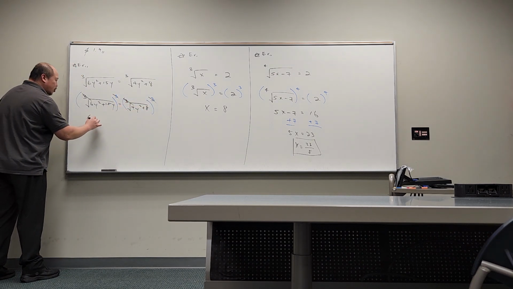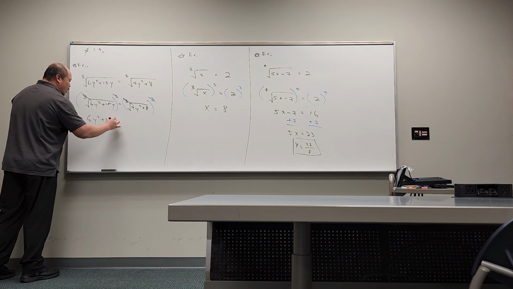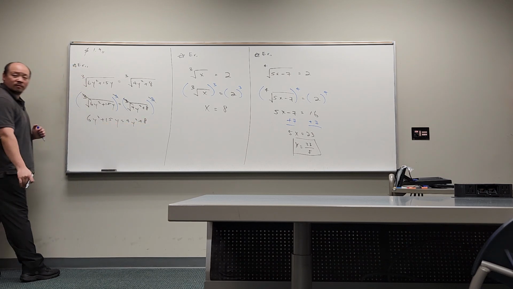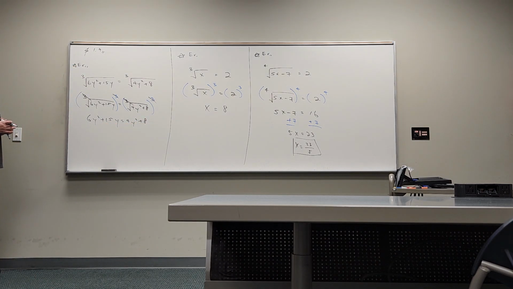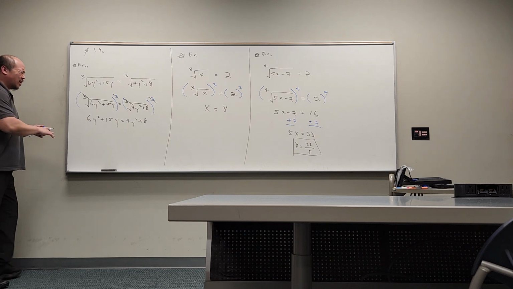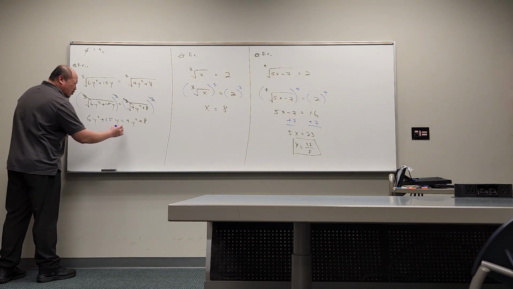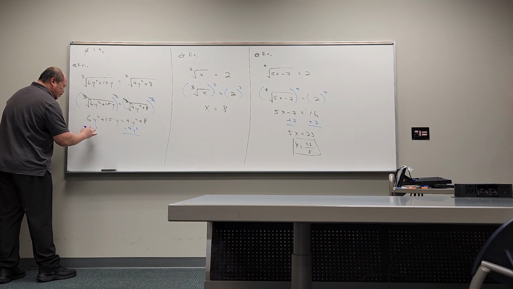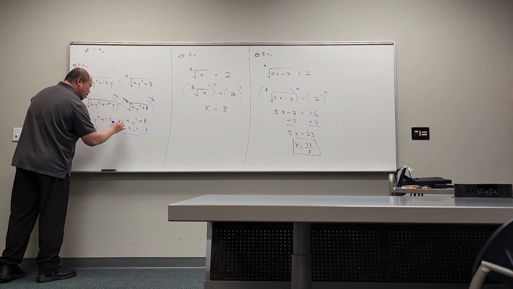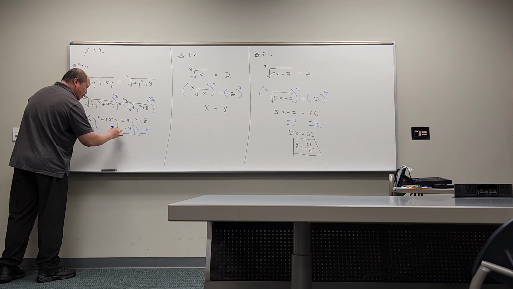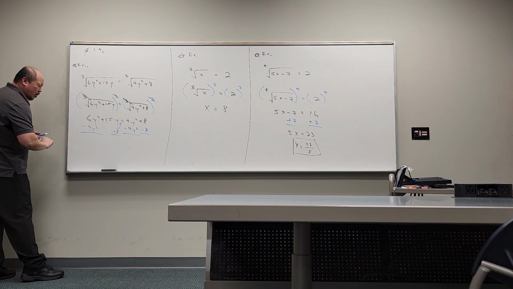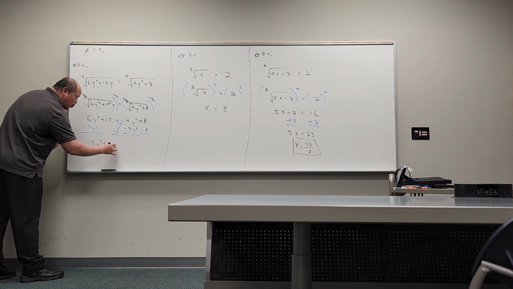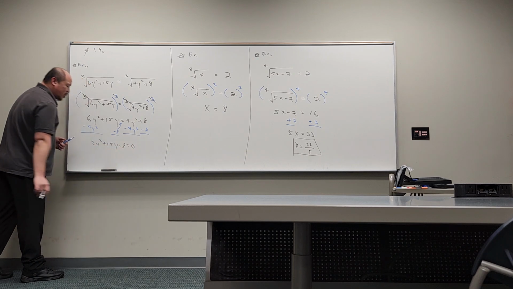So you get 6y squared plus 15y equals 4y squared plus 8. And you just have to work it out from here. This was a little bit tricky because when you move your stuff to the left, you subtract 4y squared and subtract 8. That becomes 2y squared plus 15y minus 8 equals 0.